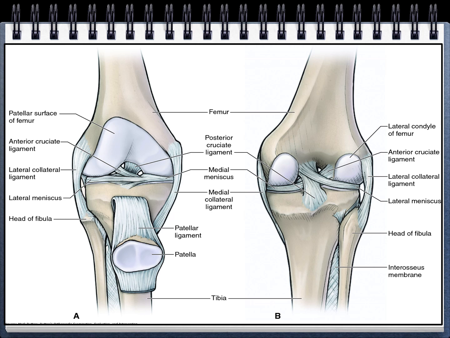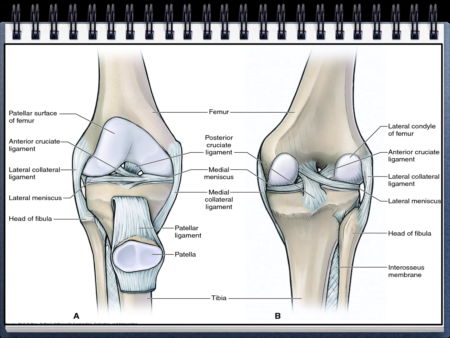And then on the right hand side of picture B, you can see the lateral condyle of the femur, the anterior cruciate ligament, the lateral collateral ligament, and the lateral meniscus, as well as the head of the fibula and the interosseous membrane.